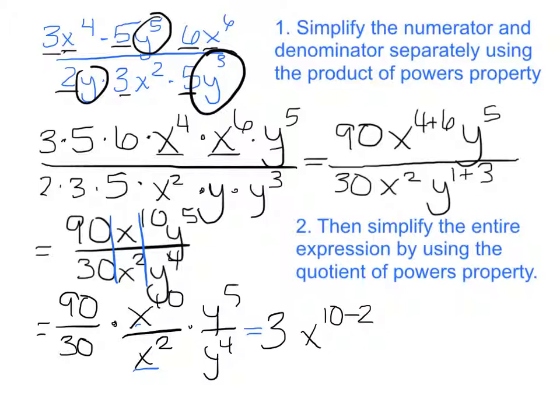So my base stays x, and then I'm going to subtract my exponents. And then here my bases are both y's, so I'll have y raised to the 5 minus 4. Just to simplify that, we have 3 times x to the 8th times y to the 1st. This is how you would simplify the expression and write your answer in exponential notation.